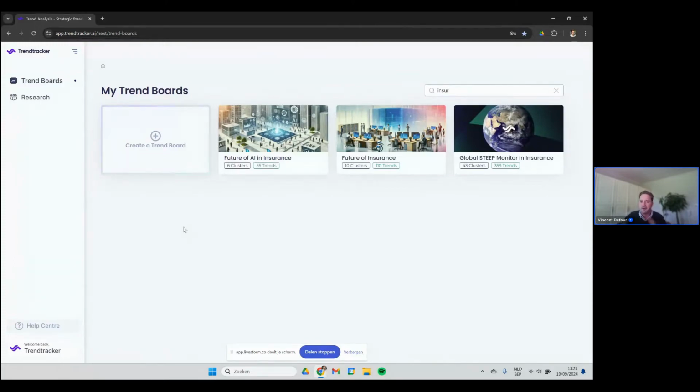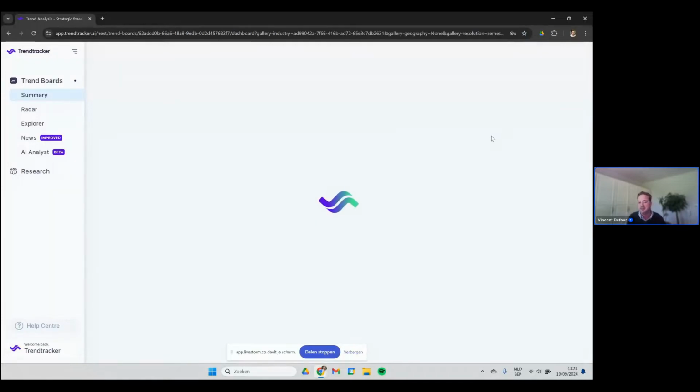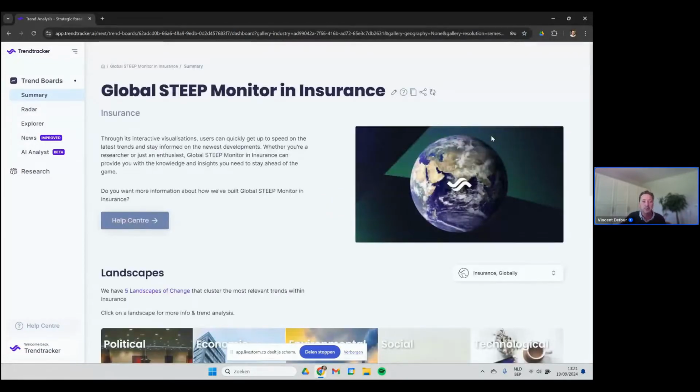And for that, we have a global STEEP monitor that we have mapped onto insurance. And this is already, let's say, if you would become a customer of ours, doesn't really matter in which industry, this is the level of horizon scan that you need to do. You can basically have instant access to something similar. So it's not days, weeks, months, it's minutes to get access to all this kind of information.